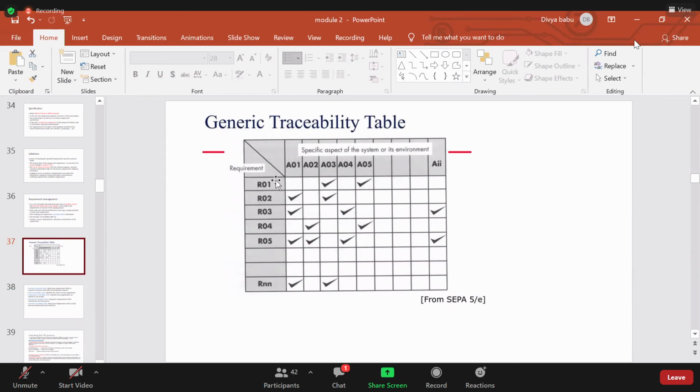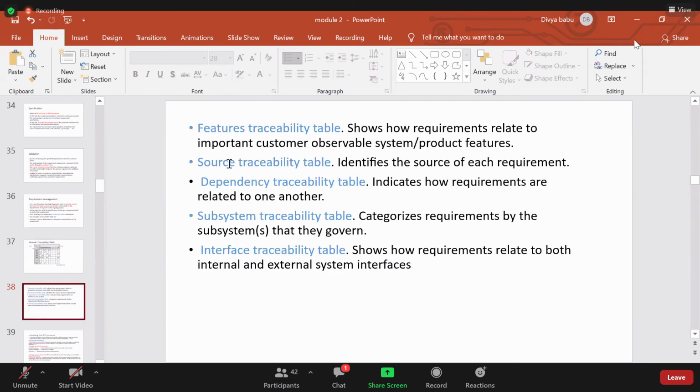This is a form of general traceability table. A general traceability table does not specify which are the columns. Rows represent requirements, and columns may be feature, sources, subsystem, or interface. Anything can be there; you can replace with anything.